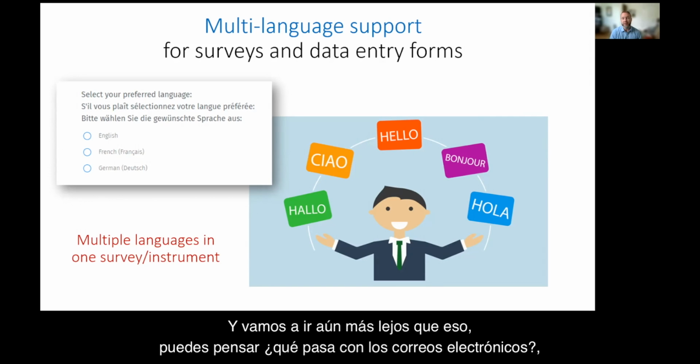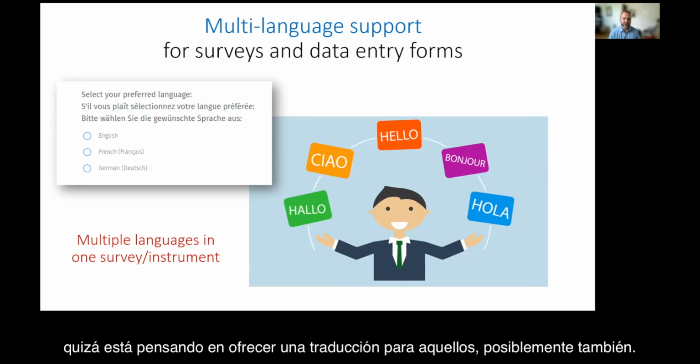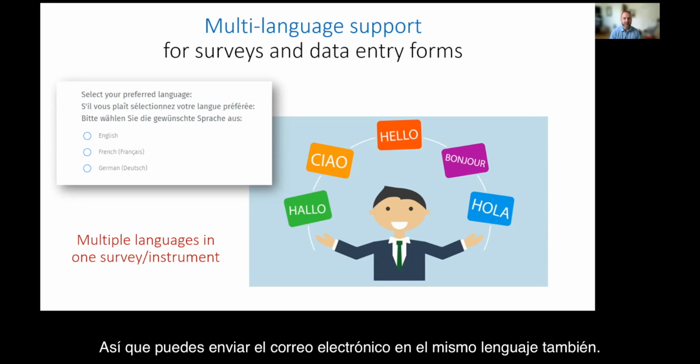And we're going to go even further than that. You can think about, what about emails? If you're sending out emails, like a confirmation email when they complete the survey, we're thinking of offering a translation for those as well, possibly. So you can actually send the email out in the same language as well.